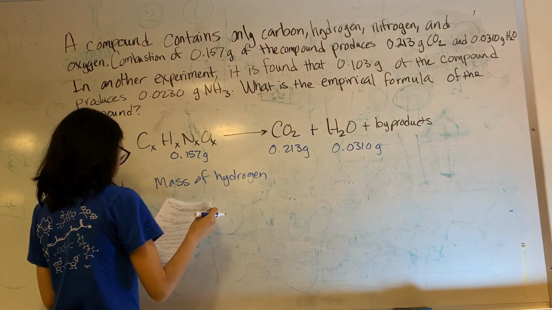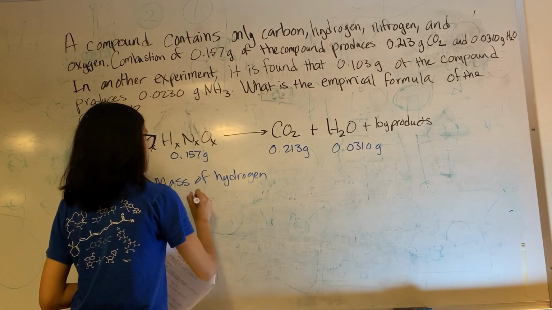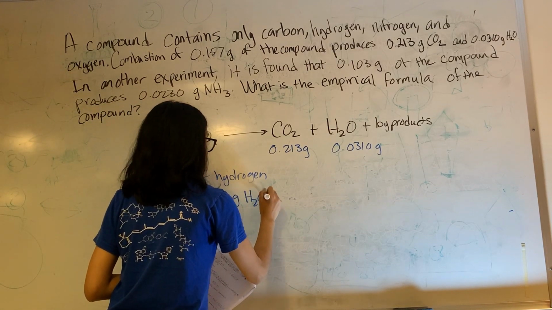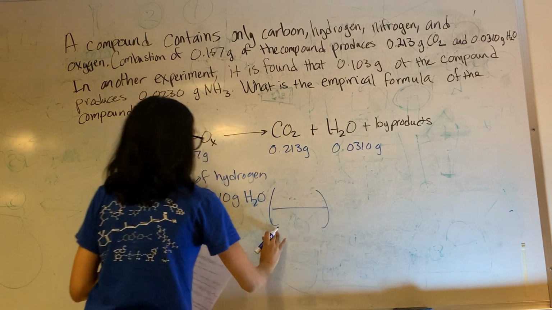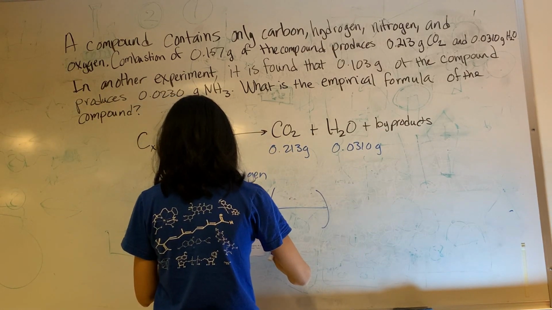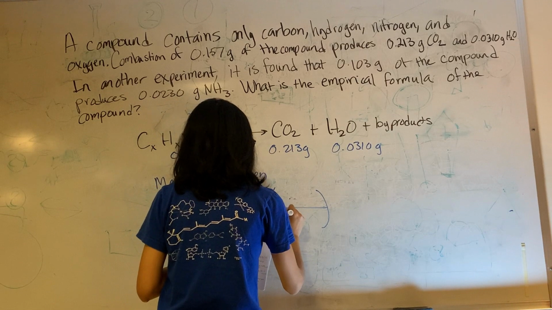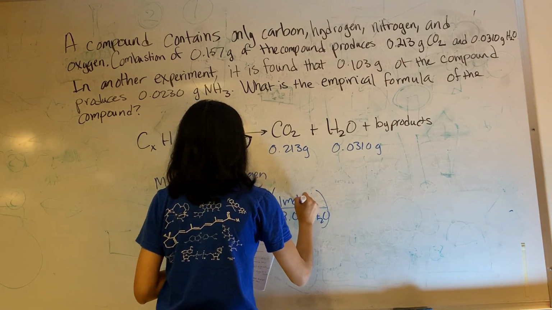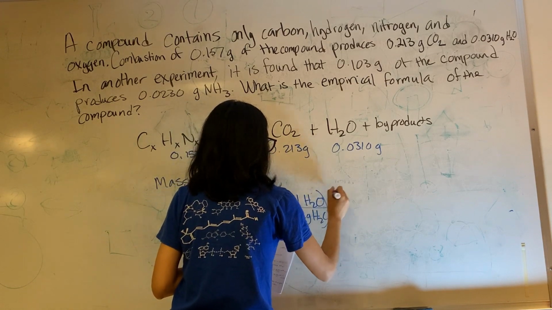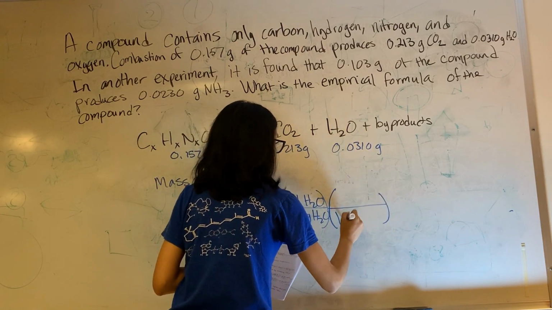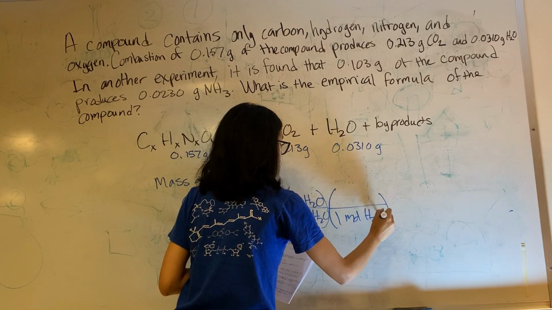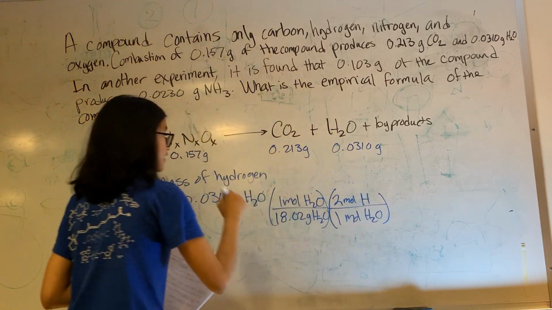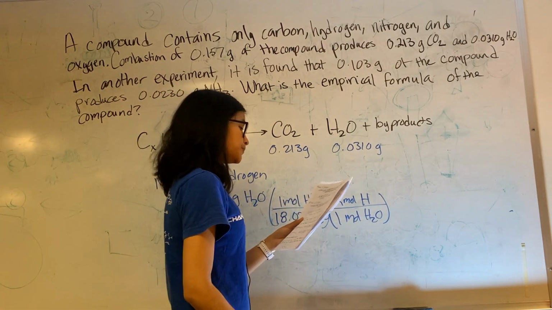So we're going to take our mass of water, which is 0.0310 grams of water, we're going to divide by the molar mass of water, which is 18.02 grams per mole. And now you see the mole ratio actually matters, because for every mole of water, you actually have 2 moles of hydrogen. So if you don't remember that, that could make you off by a factor of 2.